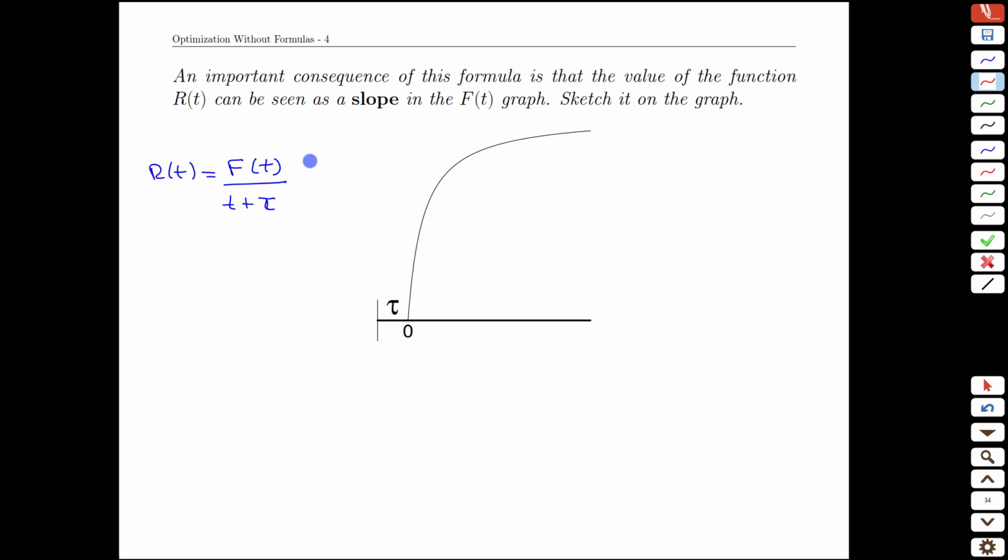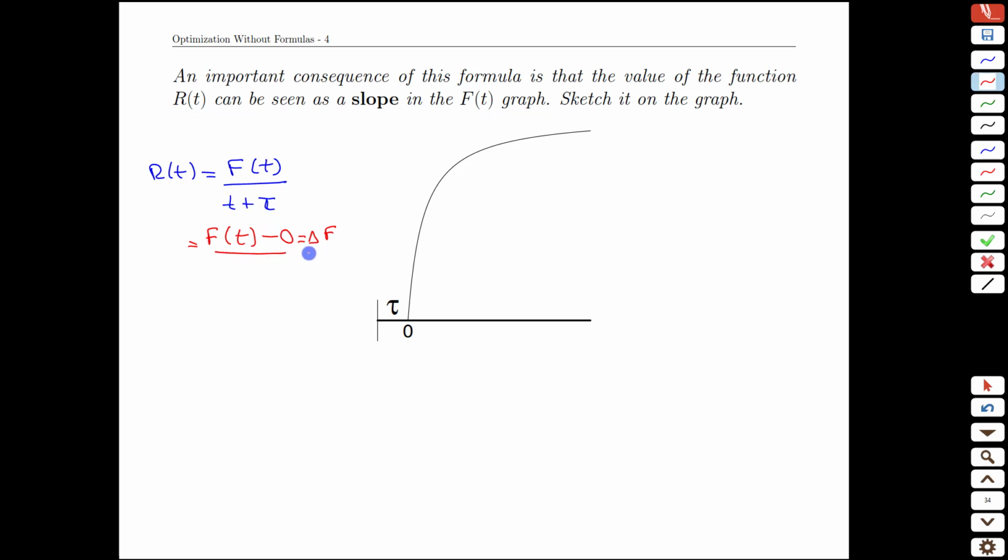This is, if we like, f of t minus 0, or a delta f. Let's put this a bit further down. There we go. And the denominator is also a delta t.